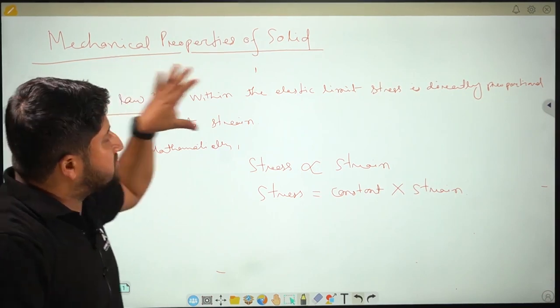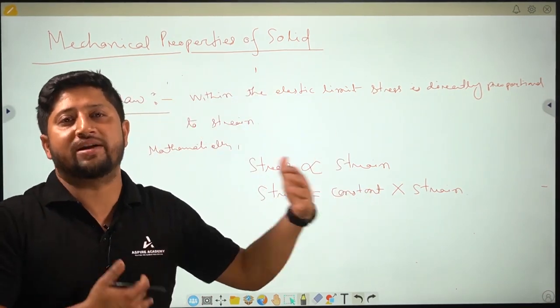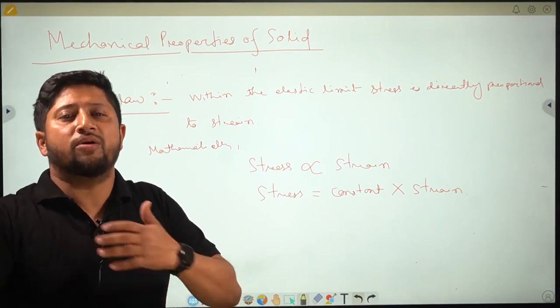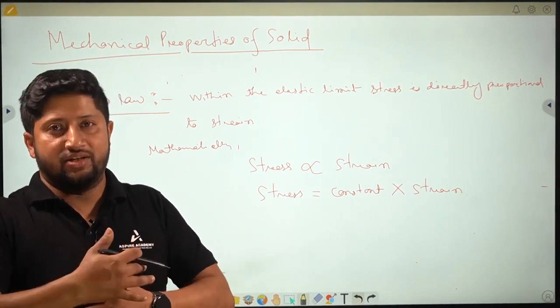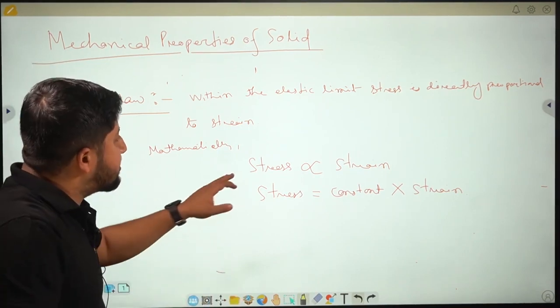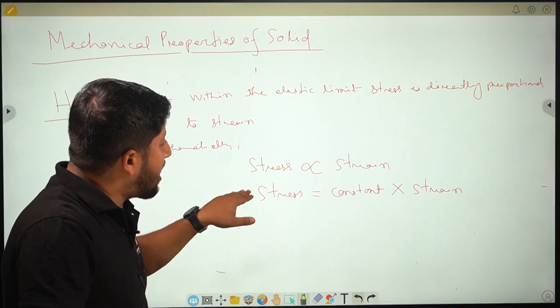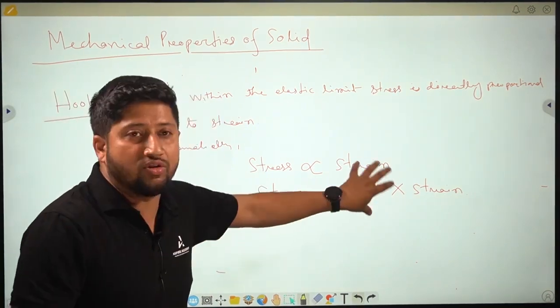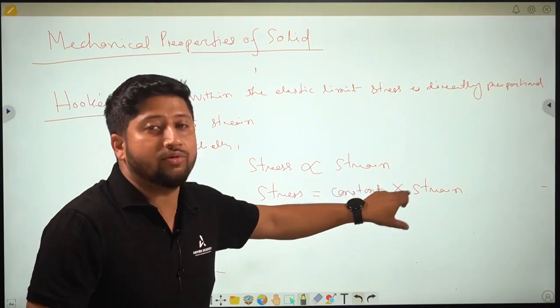Hooke's law means stress is directly proportional to strain. What is the meaning of directly proportional? If stress is increasing, automatically strain is also increasing. So how can we represent it mathematically? Stress is equal to one constant into strain.